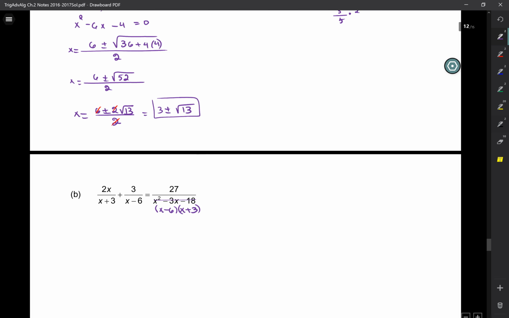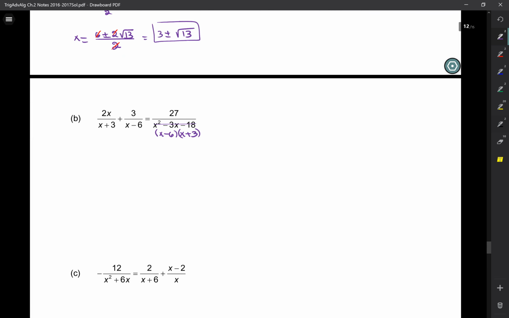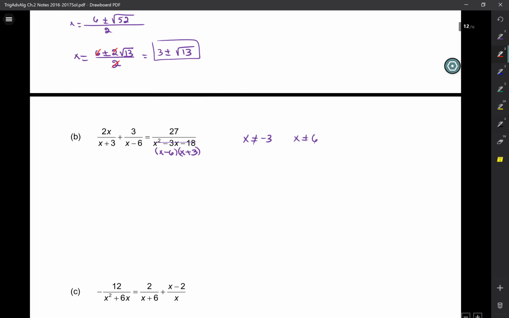Now, first of all, what are my restrictions? What can x not equal? X cannot equal negative 3, x cannot equal positive 6. If I get an answer that is one of those, then I need to make special considerations.